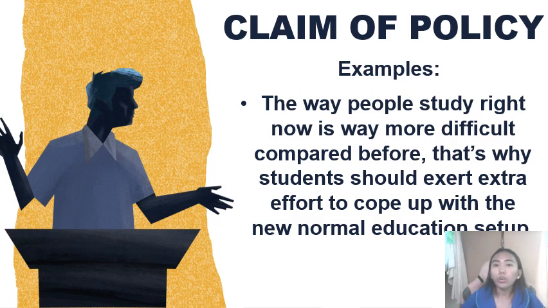Okay po. So here, in our example, there is a proposed solution: students should exert extra effort to cope up with the setup. Okay po. Again, when we say claim of policy, we are proposing a certain solution to solve the problem. Okay? Okay, next.